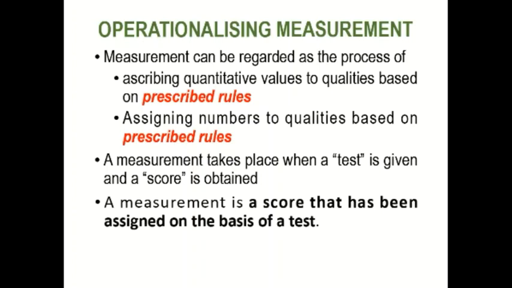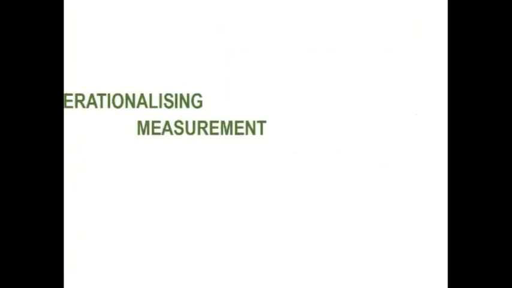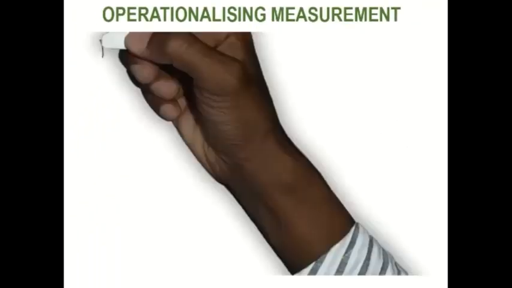So a measurement can be seen as a score that has been assigned on the basis of a test. But take note, there must be rules specified in taking the measurement. We go back again to what we've mentioned earlier. Tests feed on measurement. Without measurement, there will be no test. Let's go on so that we can get the concept of measurement clear.